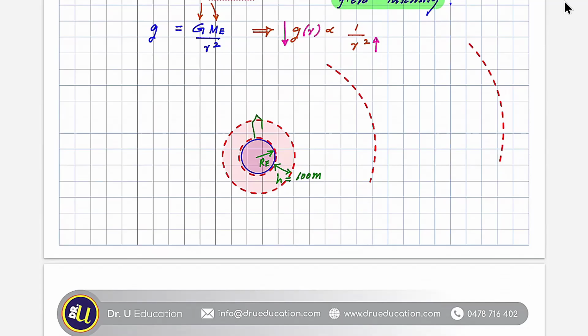This is a building. Now, from here to here is R1, and from here to here is R2, and they are very big numbers.